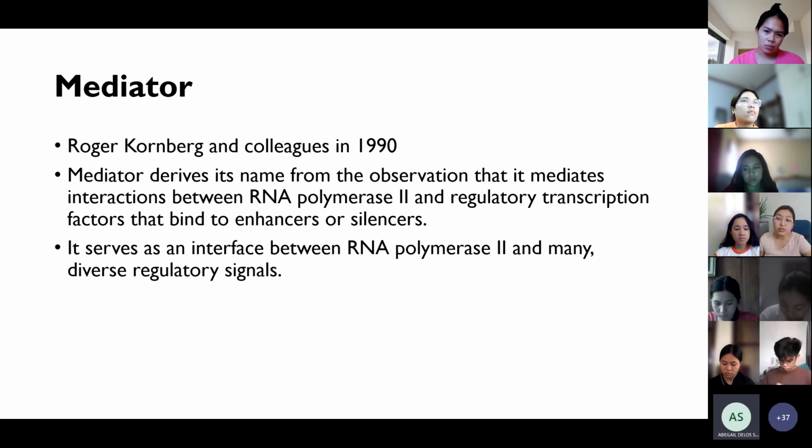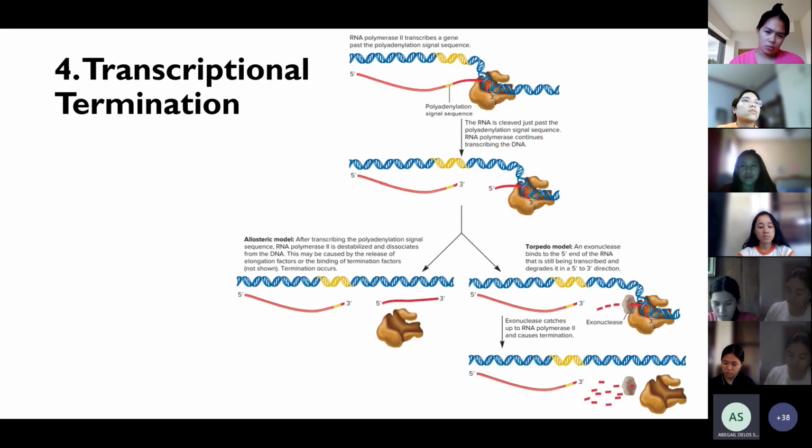So it would serve as an interface between our RNA polymerase 2 and many other diverse regulatory signals. The subunit composition of mediator is very complex, and therefore it plays a very pivotal role in the switch between transcriptional initiation and elongation.